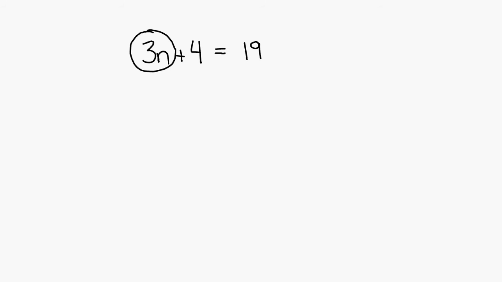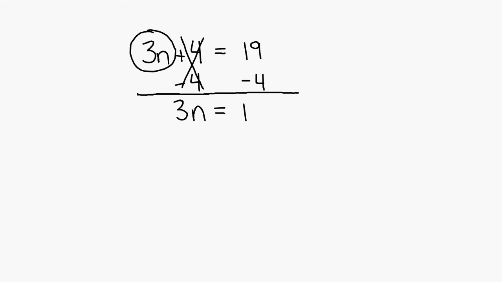So if you're trying to get the 3n by itself, you would subtract 4 from each side. That cancels out the two 4's. And the 3n falls down, and the 3n is going to be equal to 19 minus 4, which is 15.